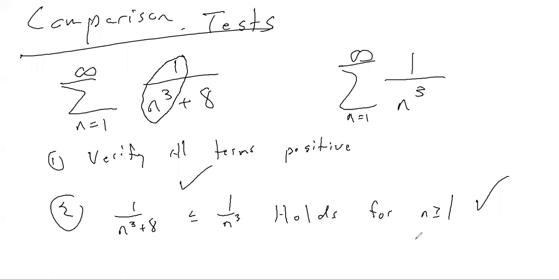All right, let's see another problem. How about, let's start our series at 2 this time and have the series 1 over square root of n minus 1.